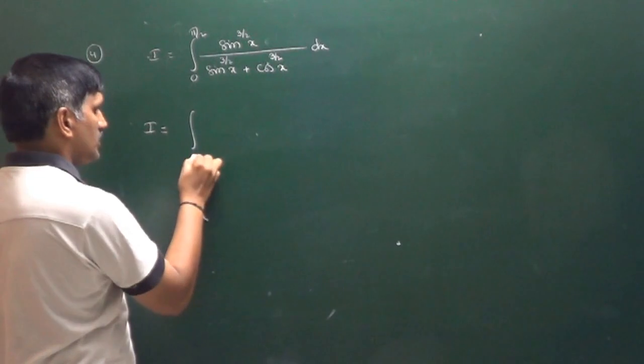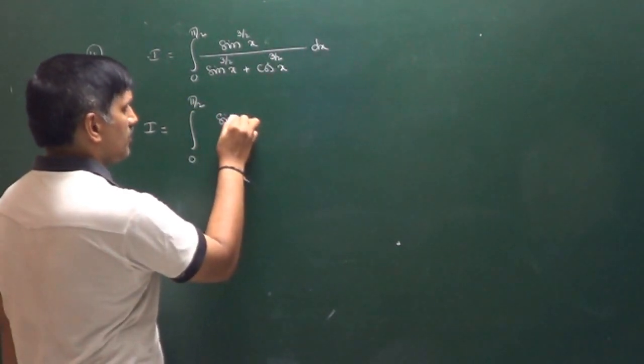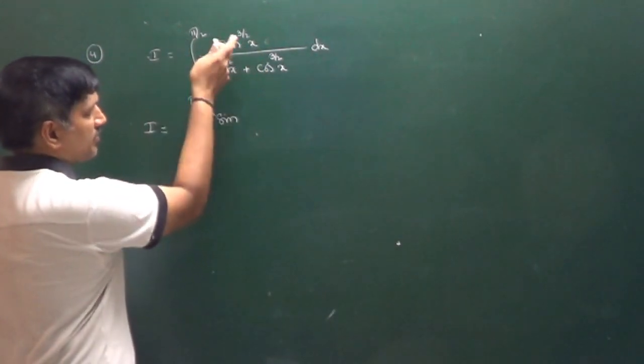This we can write as integral 0 to pi by 2. In place of x I am writing upper limit minus x.